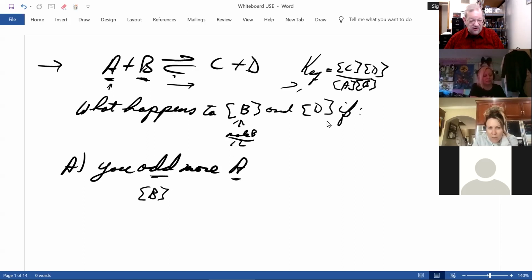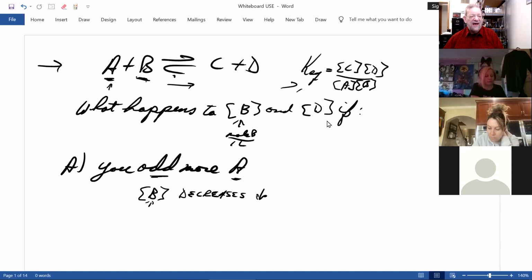But what happens when you consume some of A reacts with B? A is consumed, B is consumed, which means the concentration decreases. Or you can put an arrow down if you like arrow downs.